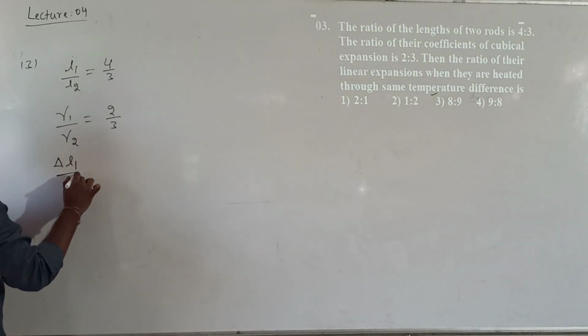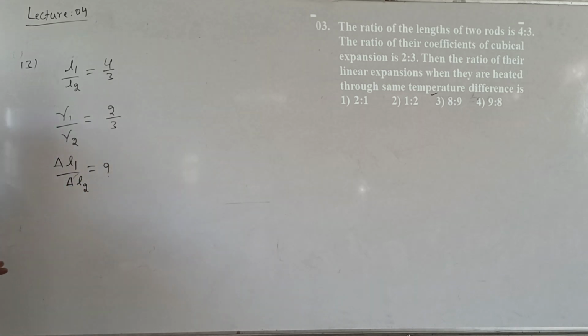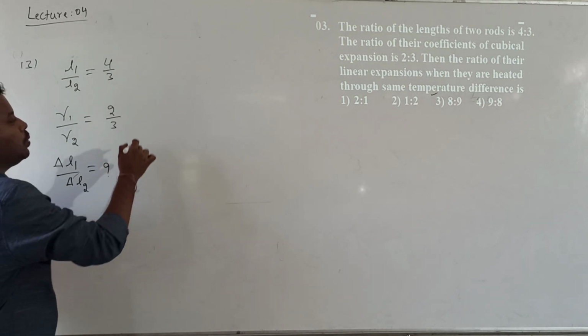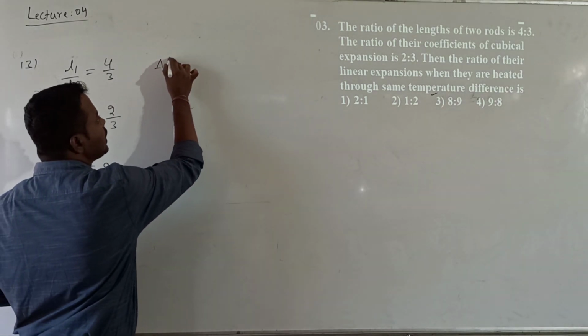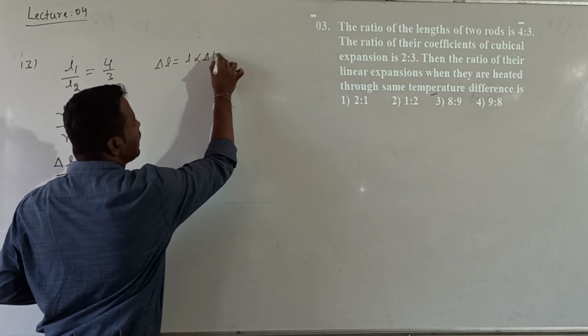So what is delta L1 by delta L2? They say the rise in temperature is the same. What is the formula for linear expansion? Delta L is L into alpha into delta T. Correct?